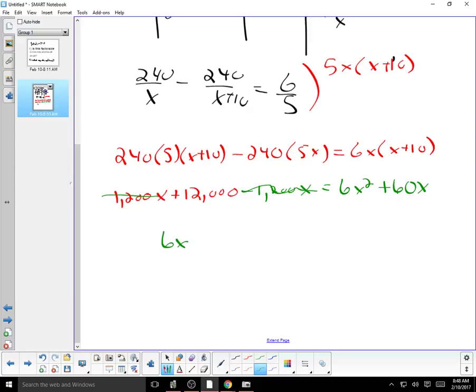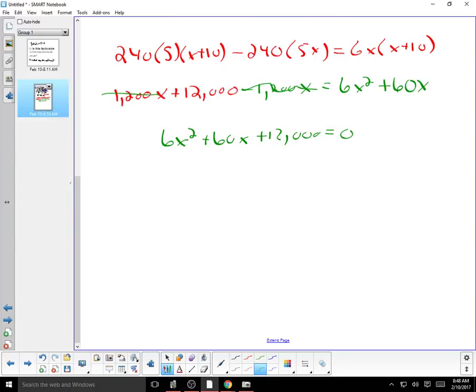So 6x squared plus 60x plus 1,200 is 0. Minus? Oh yeah, because I moved it. Okay, and then quadratic it.